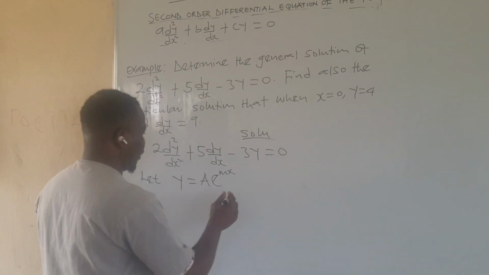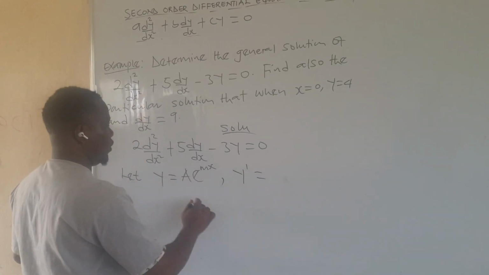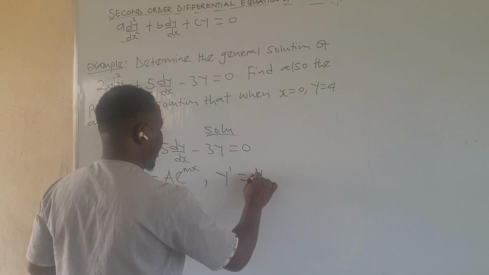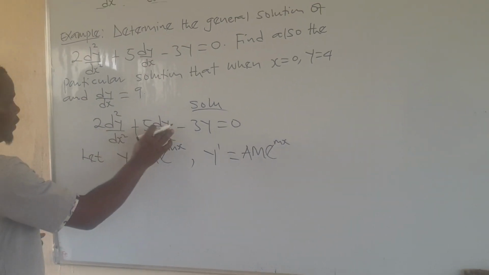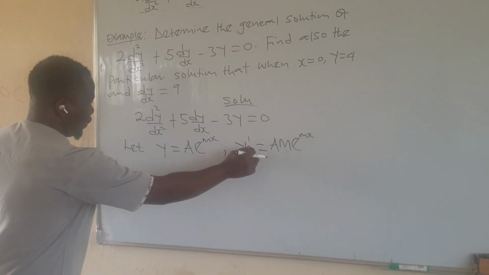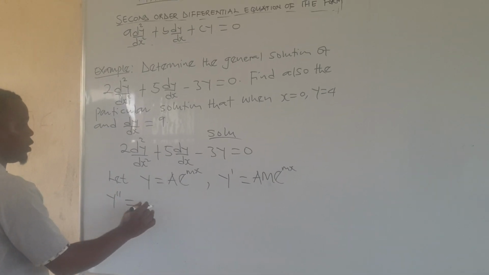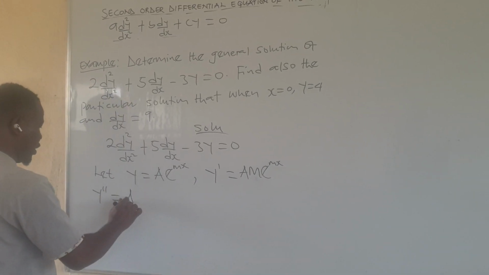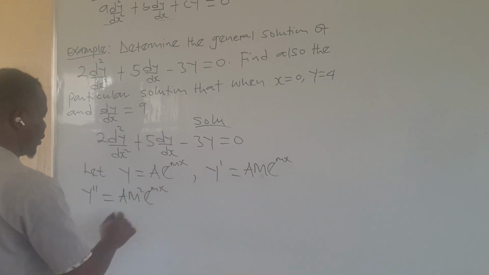If we differentiate, y prime will give us Am exponential mx. Since it is a second order equation, we differentiate again to give y double prime equals Am squared exponential mx. Is that clear?